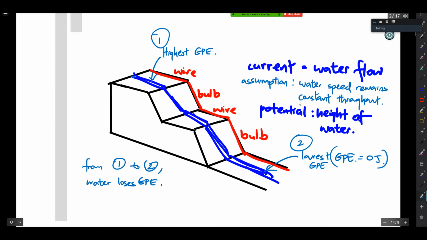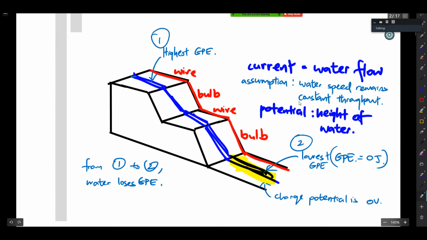The GP at point number 2 is 0 joules, and it's the same over here, in this region here. We can say that the charge potential is 0 volt.